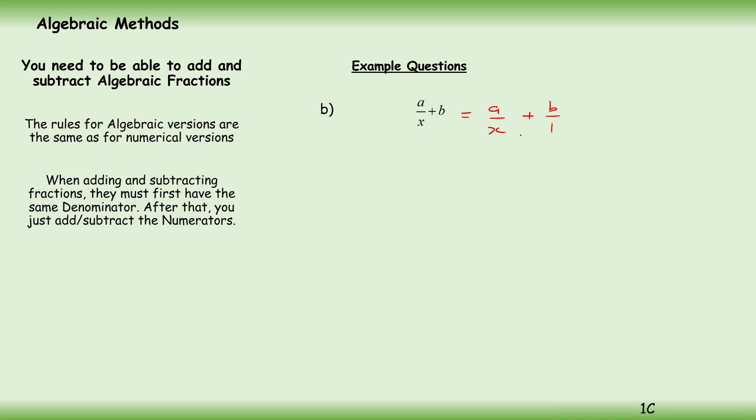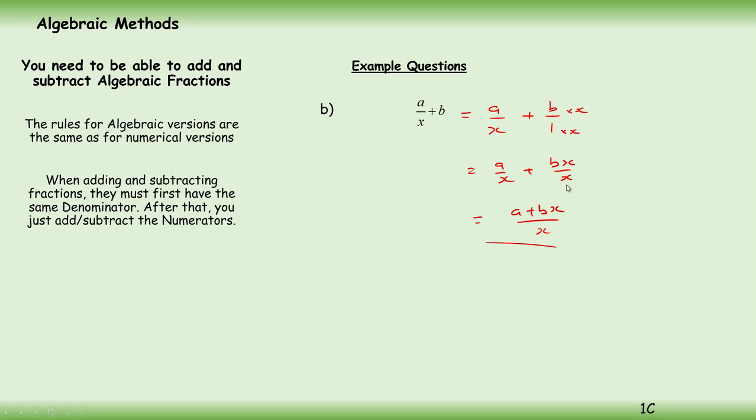In order to have the same denominator, we've got to multiply that 1 by x. So we've got to multiply the numerator and denominator by x in this case. So we've got a over x plus bx over x. Same denominator, so that leaves us with a plus bx all over x.